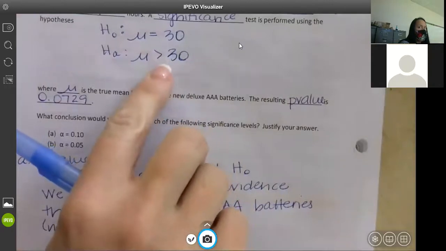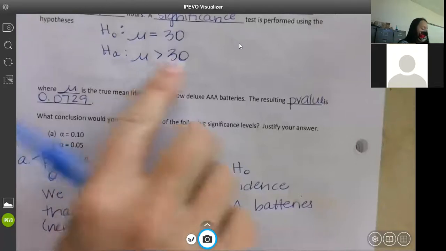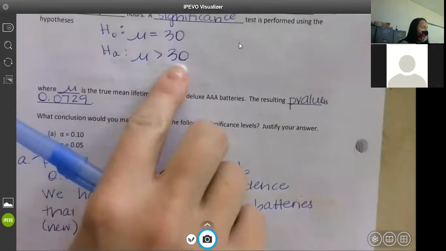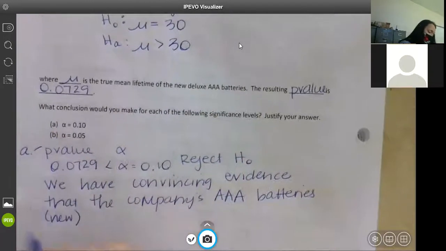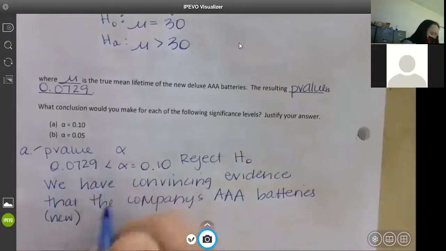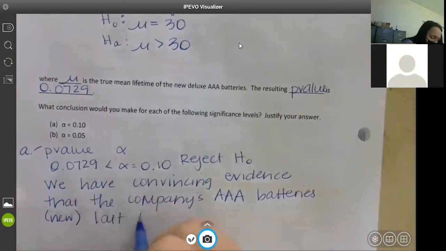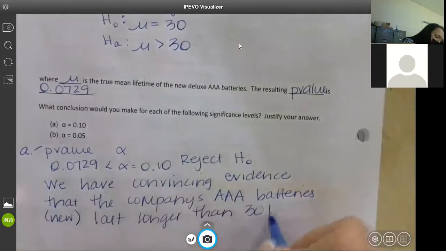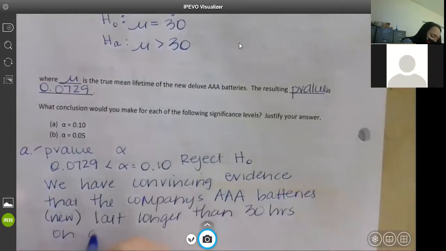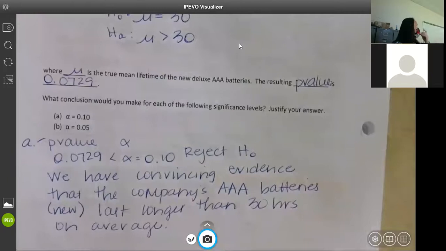So what does this tell us? So they last longer than 30, right? Or last longer than the other batteries. So the new AAA batteries last longer than 30 hours, on average. And on average covers the word mean. Okay, so somewhere in there you need to make sure the mean battery life, anything like that would be fine. The mean battery life is greater than 30.